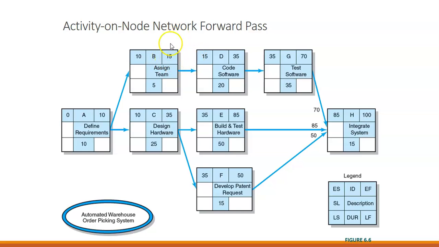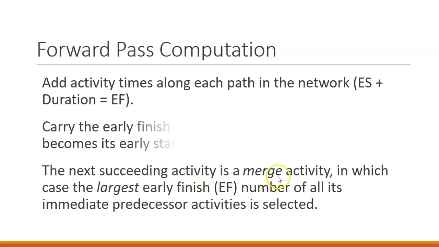So the early finish is 15 days, 10 days for A and 5 days for B. So we're saying the earliest we could finish this would be 15 days. And we move through each activity to calculate those times that suggest when this project is going to be finished.